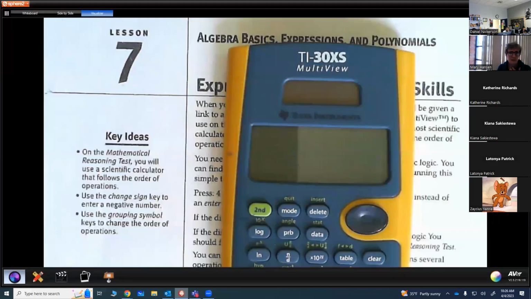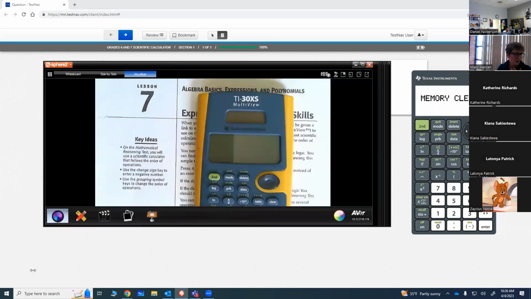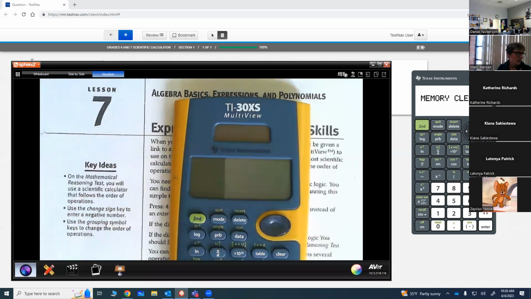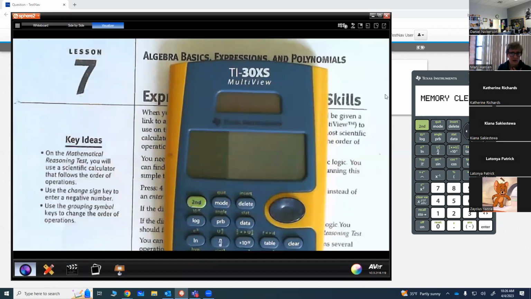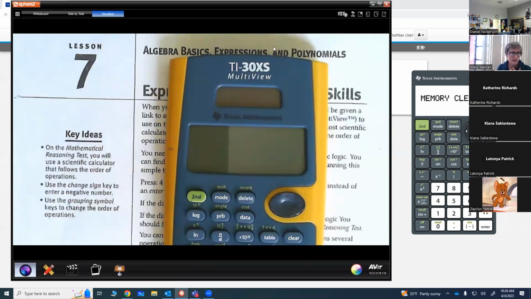If you don't have this yellow calculator, if you're in Flagstaff, I imagine Daniel has enough for all of you to use.